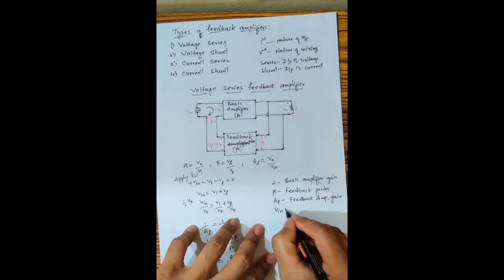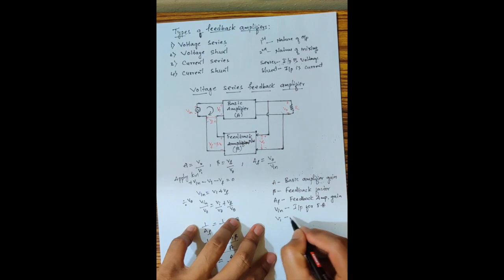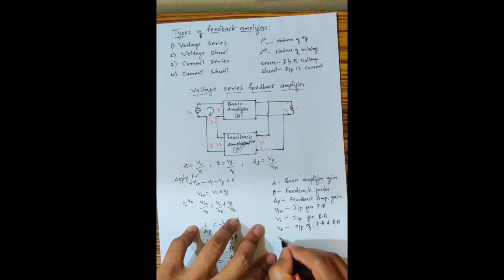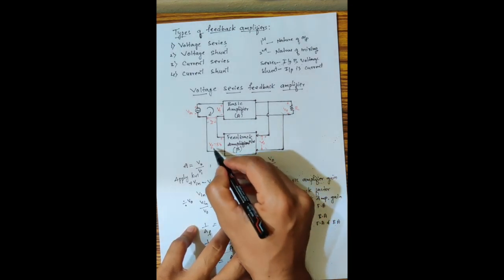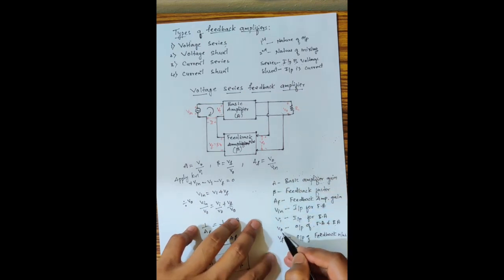V in is the input for the feedback amplifier, Vi is the input voltage for the basic amplifier, V output is the output of the feedback amplifier and basic amplifier, and Vf is nothing but the output of the feedback network. So we should remember all these parameters.